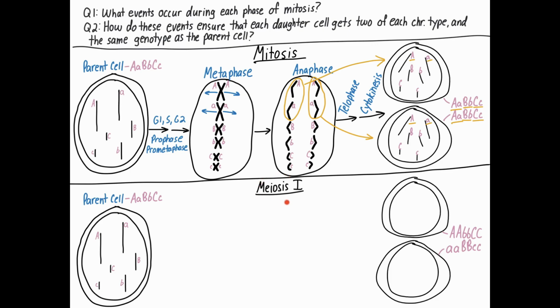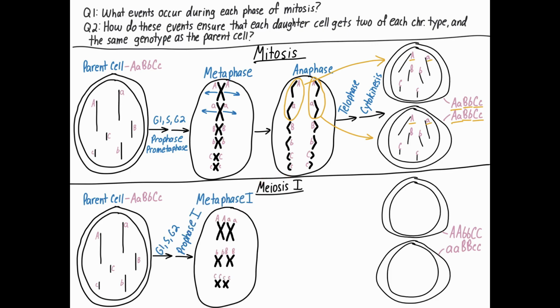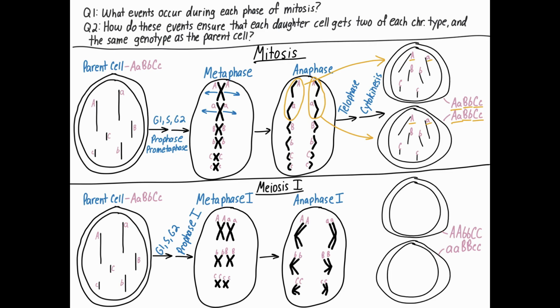But during meiosis I, homologous pairs of chromosomes line up at the metaphase plate. During anaphase I, the sister chromatids stay together. So 2 of the same allele might get pulled to one side of the cell and subsequently inherited by one daughter cell.